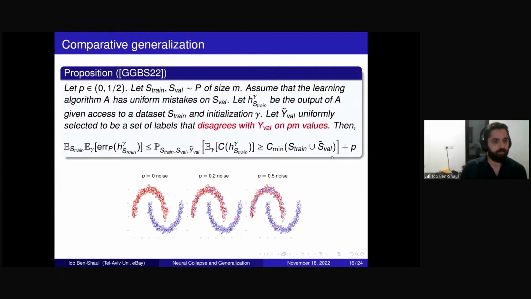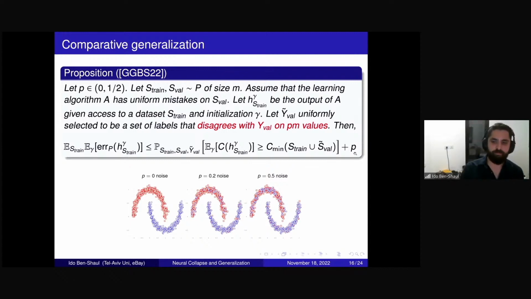So let's look at some examples of this. If we take, let's say, a large P, so we corrupt our data set a lot, this term is going to be quite big. However, this data set is going to be very corrupted, so we'd expect that the complexity of our classifier is going to be lower than the complexity needed to fit this noisy data set, and therefore this probability is going to be small.